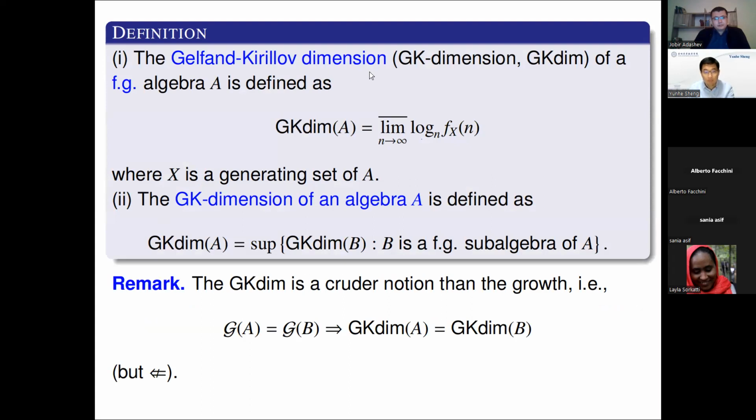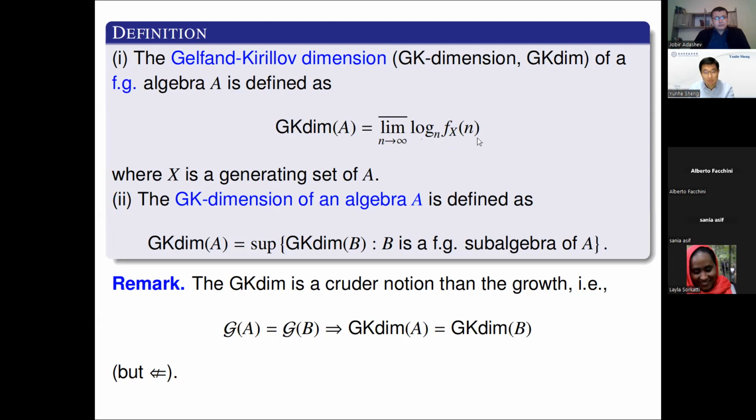The GK dimension of a finitely generated algebra A is defined as the limsup of log_n of this function f_X.